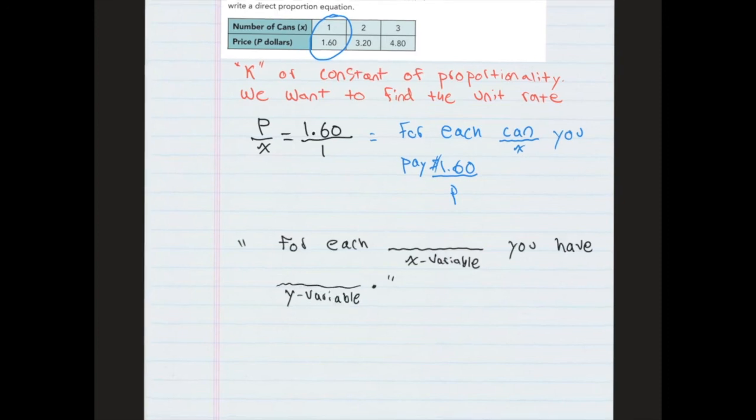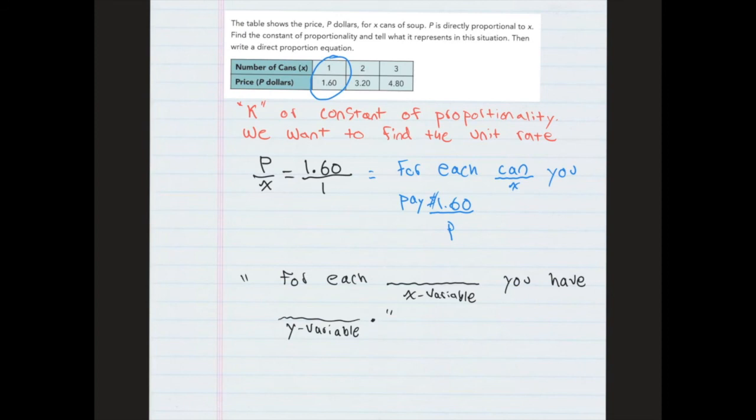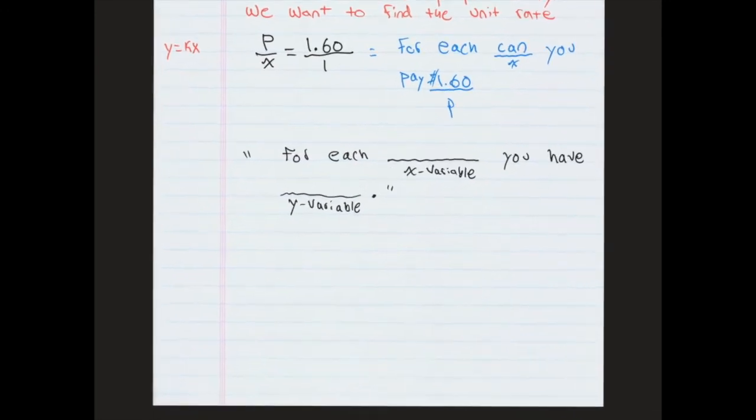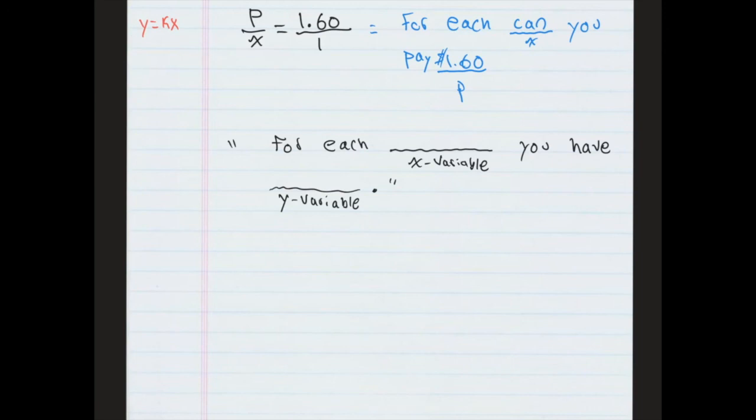And of course, we want to look back at this problem here because it also says write a direct proportion equation. And while we kind of did that, this isn't really a direct proportion equation because we have to write it as y equals kx. It can't be p over x equals some ratio because that's just a proportional equation. We want to write a direct variation equation. So we're going to bring this down here, and we're going to say p over x equals 1.60 over 1.